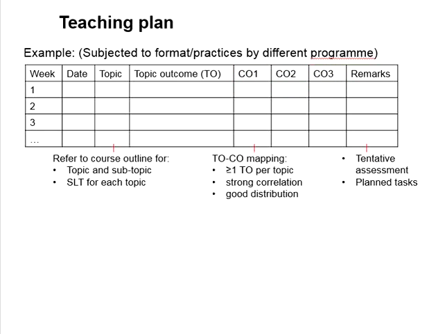That is the most ideal situation: 1/3, 1/3, and 1/3. If not, the deviation shouldn't be too significant. For example, CO1 carries 80%, CO2 carries 15%, and CO3 carries only 5%. In this case, it seems to me that the CO is not well constructed.